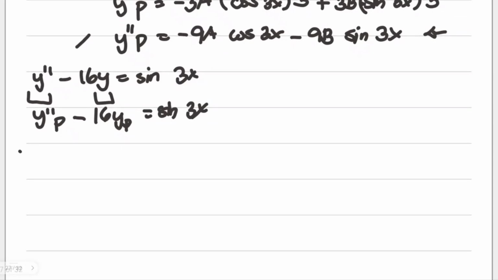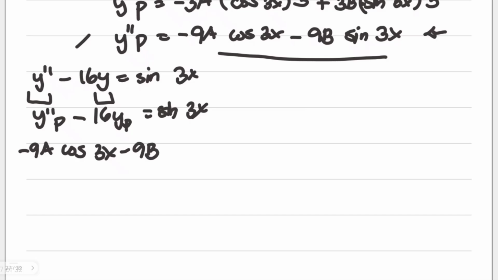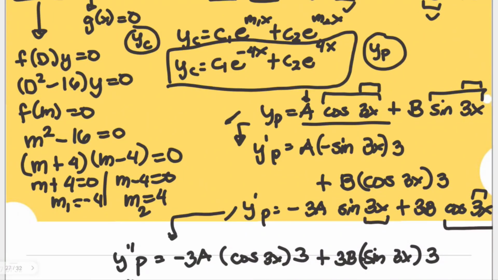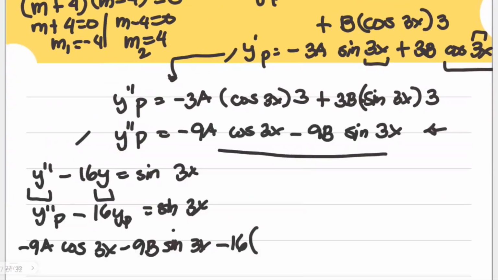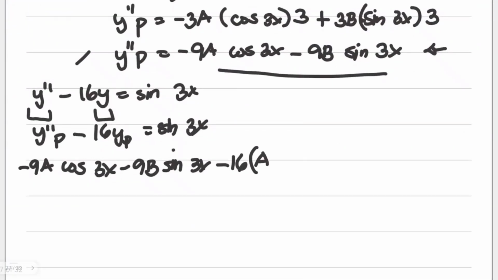So you have minus 9a, this one here, cosine 3x minus 9b sine of 3x, that's the angle, minus 16, and your y sub b was this a cosine of 3x plus b sine of 3x. These are all equal to your sine of 3x.